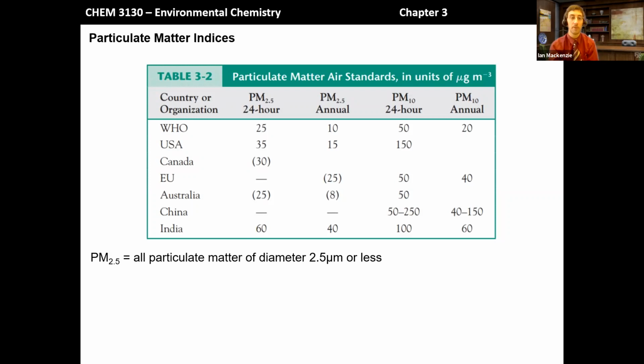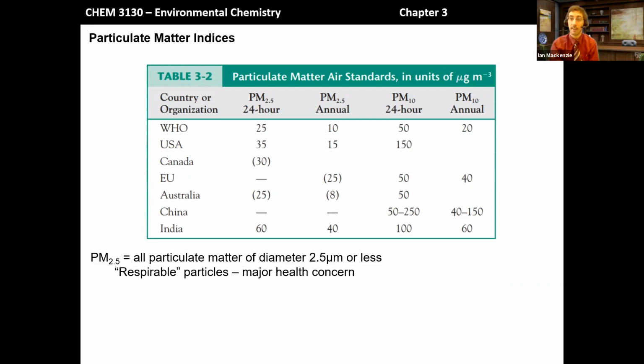So PM 2.5 is all particulate matter of diameter 2.5 micrometers or less. And there's regulation on that because that size of particulate matter is referred to as respirable particles. Essentially, those are ones that are not filtered out by any natural processes. They're small enough to penetrate deep into your lungs, where they can cause significant problems and be a major health concern.